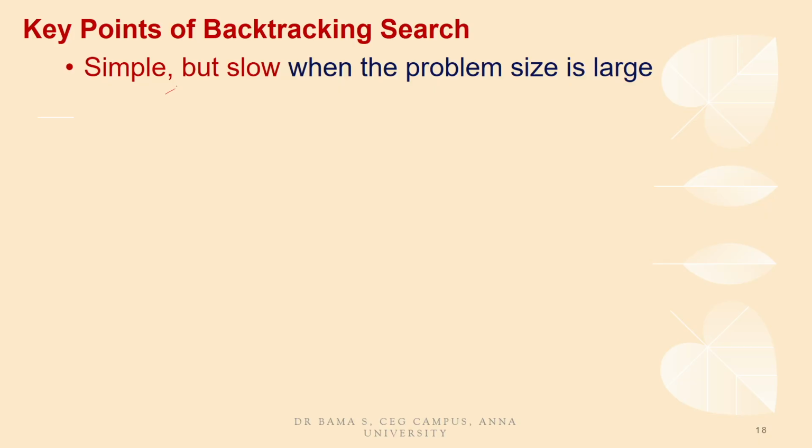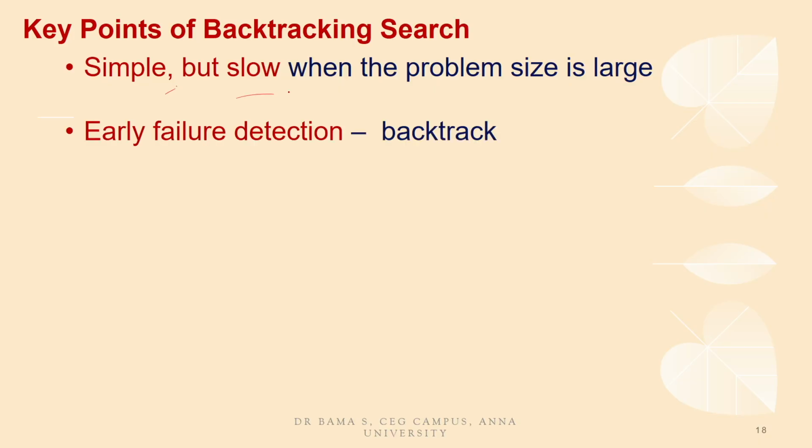Now, the key points of this search: it is very simple, as we have seen earlier, but it is slow, and when the problem size is large, it becomes very slow. Another advantage is that backtracking can lead to early failure detection, which is not possible in other cases.